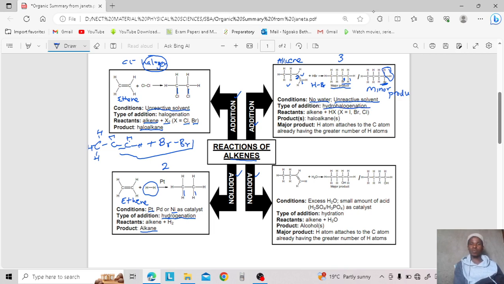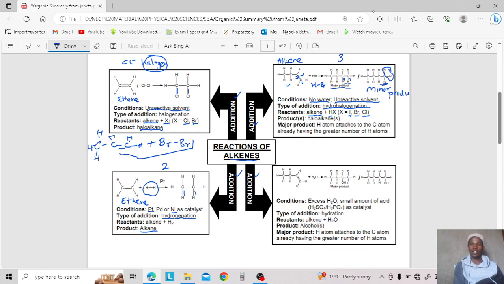Now the reactants will be alkene and hydrogen halide, either iodine, bromine or chlorine, from group number 7. So that's why these are the halogen groups, and then with hydrogen, that's why I say hydrohalogenation.